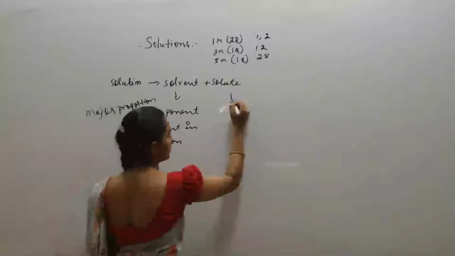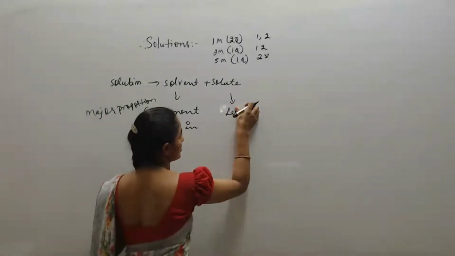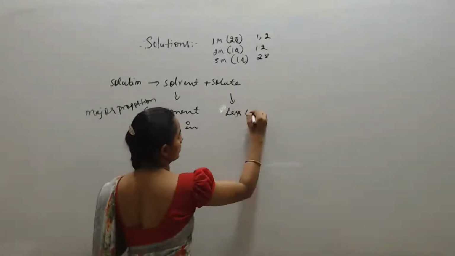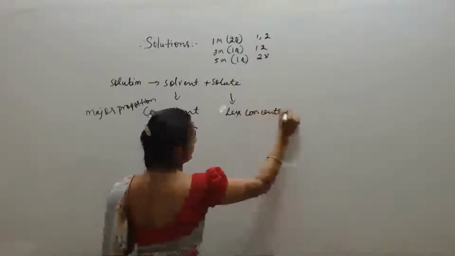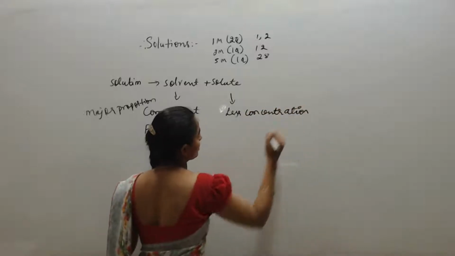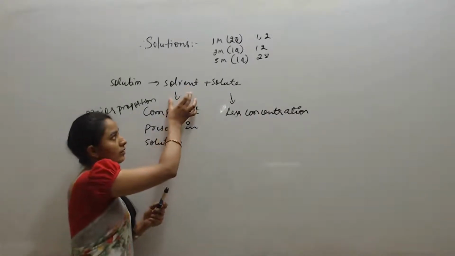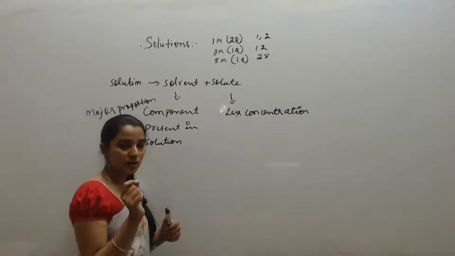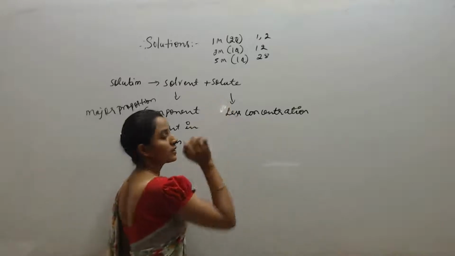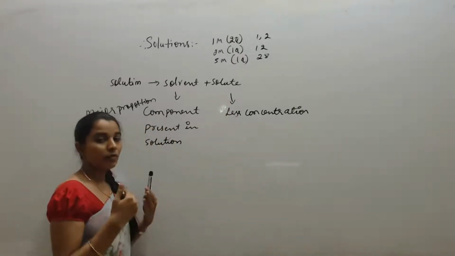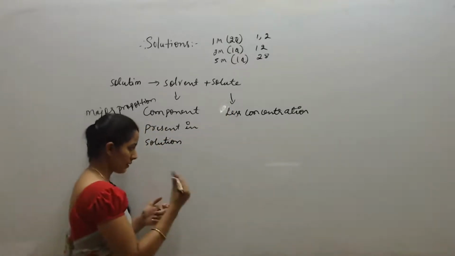The solute is the one with less concentration or less quantity. If the concentration of a component is more, in bulk, in the solution, then it is said to be the solvent. If it is in less concentration, then it is said to be the solute. So students, I will give one example for you.